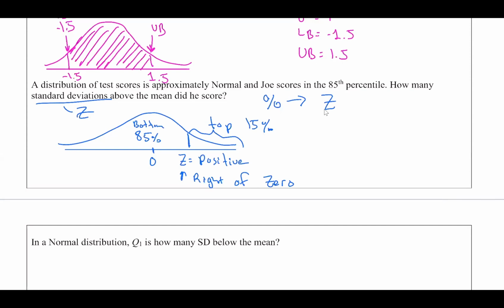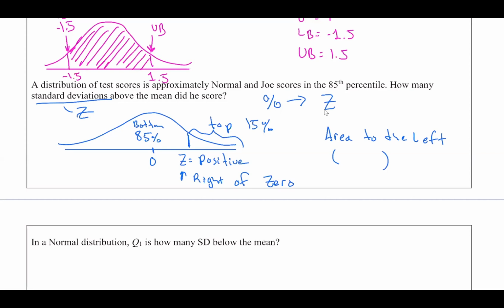All right. So one thing before we go to class calc. For class calc, it's going to ask you for the area to the left. It's not actually going to say area to the left, it's going to ask you to enter the value. But you should know that when class calc is asking you to put in that value, it always wants the area to the left.